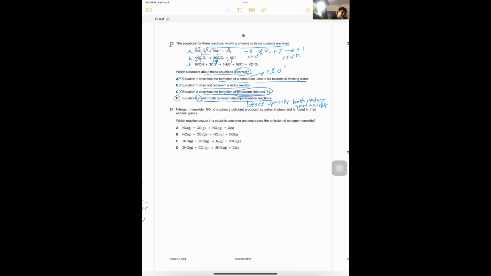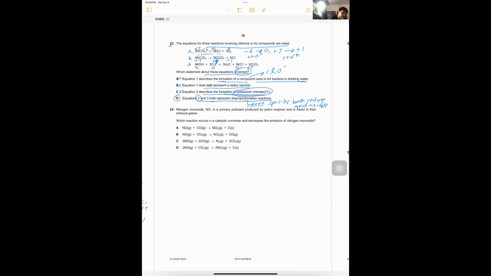For 3 here I can see that it is +1 over here, and it's +1 over here, it's 0 over here, and here it is again +1, here it is +7.